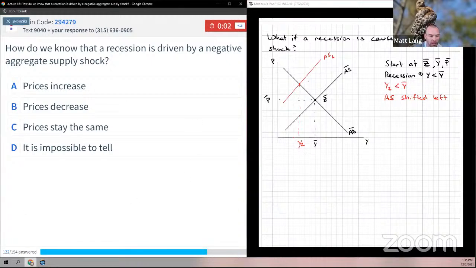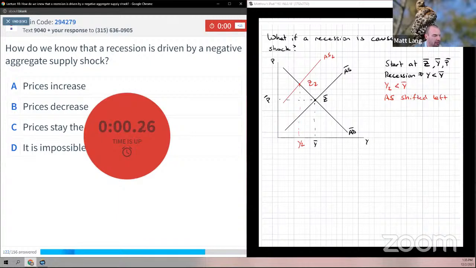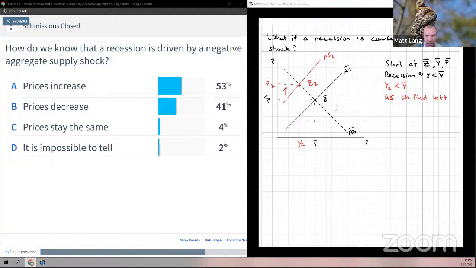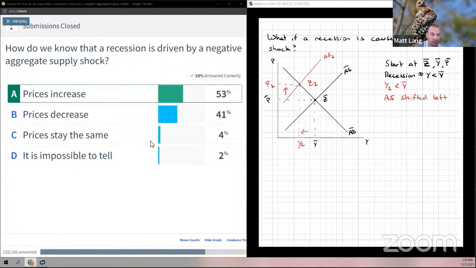So when we ask, how do we know that a recession is driven by an aggregate supply shock? Well, prices had to change. How did they change? They changed by going up. So we got the majority getting this right, which is great to see. And we can summarize this by saying, when we have this aggregate supply decrease, what happens?